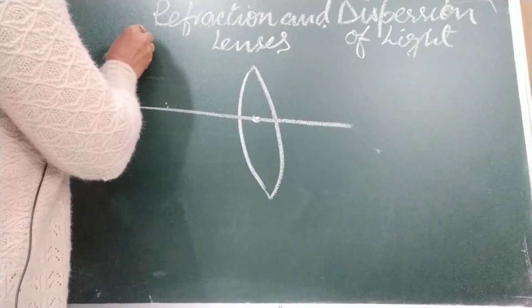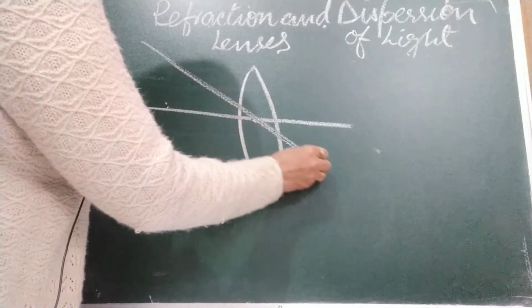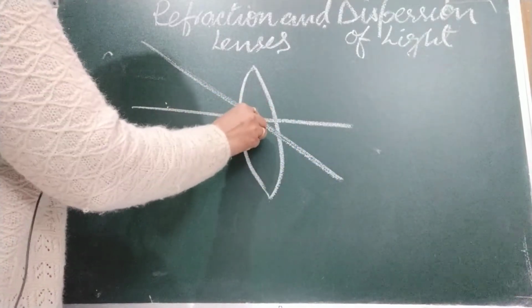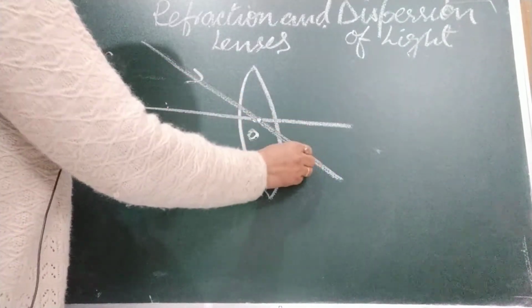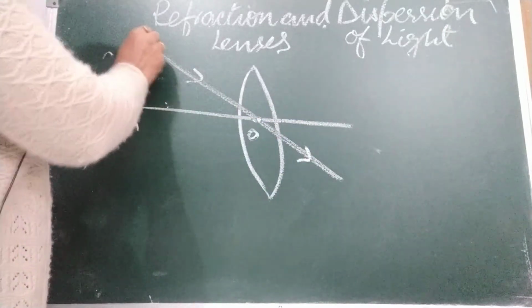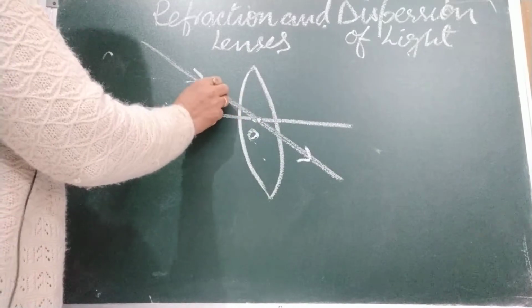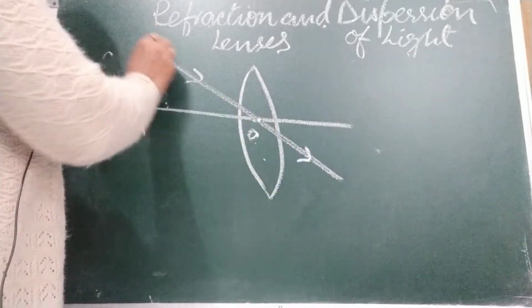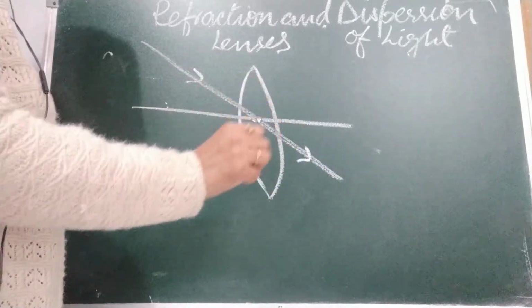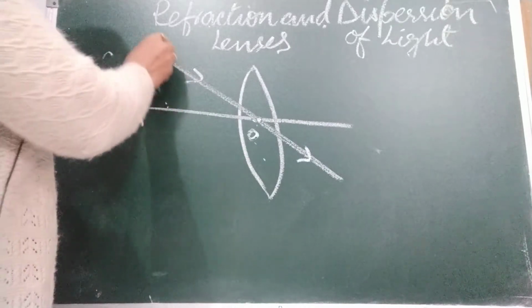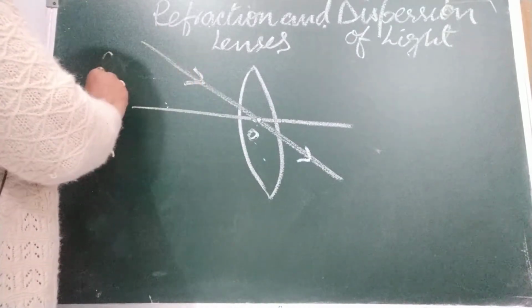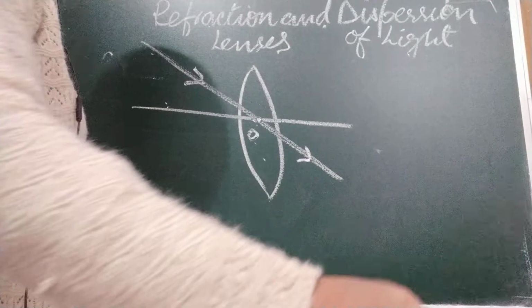And this ray, children, neither bends, nothing happens. It does not deviate. Though it is coming from a rarer medium to a denser medium, the deviation is very little, negligible. So we say it does not deviate and passes straight.